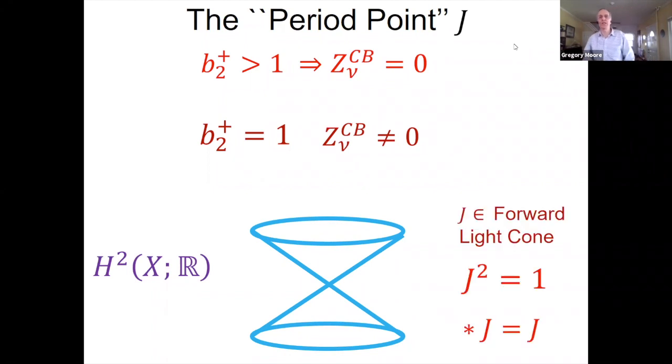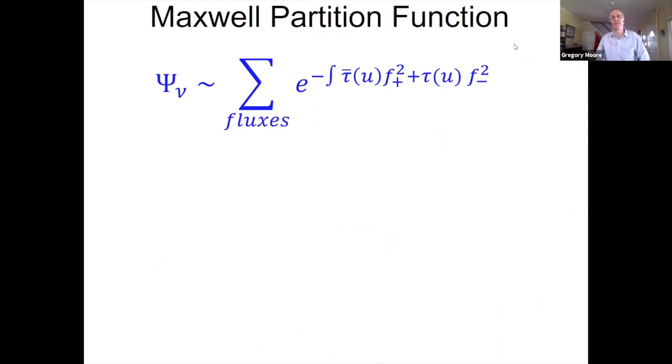And so there's a unique degree 2 cohomology class J, which lives in the forward light cone, is norm square 1, and is self-dual. So the Hodge dual depends on the metric, and therefore J depends on the metric, but all the metric dependence comes through J. Now using J, you can write down self-dual and anti-self-dual projections of the dynamical field strength.